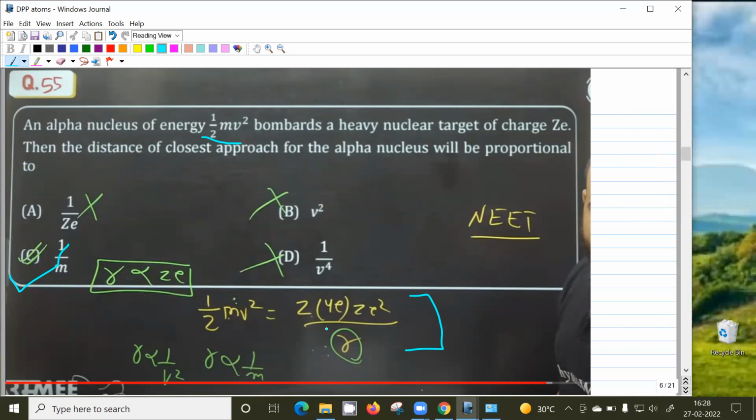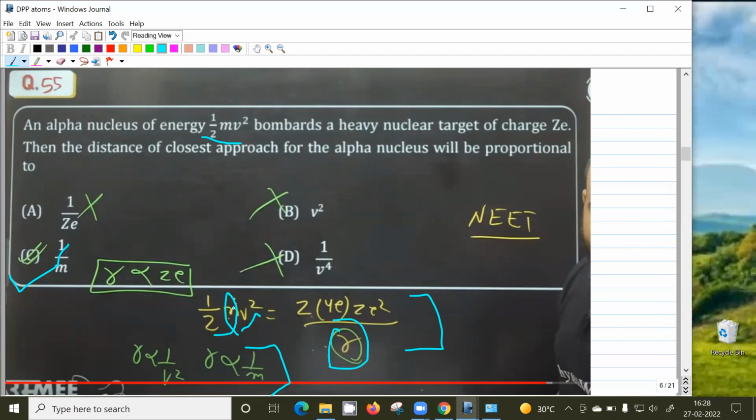So everything is constant except for this R and M, if you want to keep that as a variable. If you fix M, then R is also fixed. But suppose you want to keep this M as a variable, then R is also a variable because other things are constant. So R is inversely proportional to M. Another thing I can keep as a variable is the velocity.